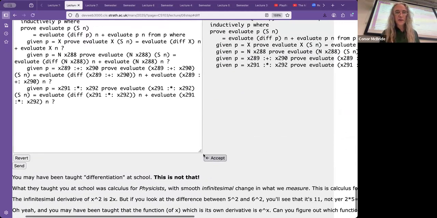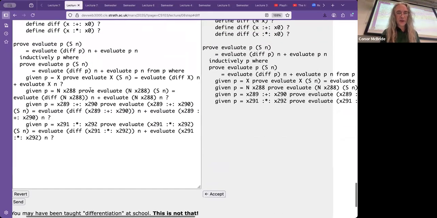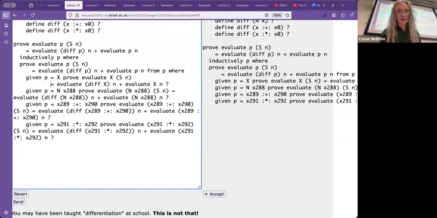And then ask gives me a bunch of goals, at which point, now that the problem's got interesting, I'm going to say test. And I'm not going to change these terrible names until later. So this much we can do. Here's a high-level message: you can start doing the proof before you finish the definition. Ask will still do as much computation as possible.